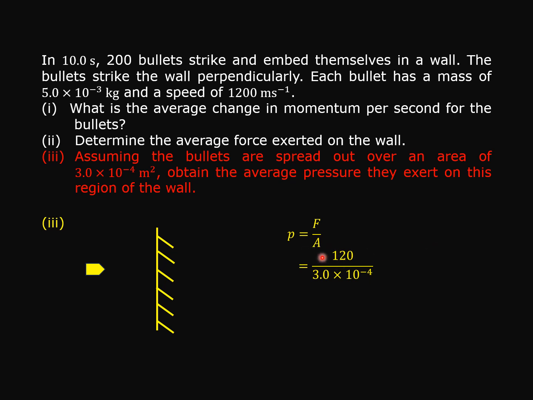The area is given as 3.0 times 10 to the power of negative 4, so we substitute here as the value of A. And finally, we obtain the value of the pressure, which is equal to 4.0 times 10 to the power of 5 Pascal.